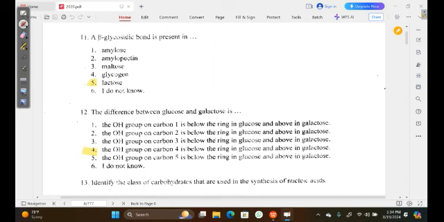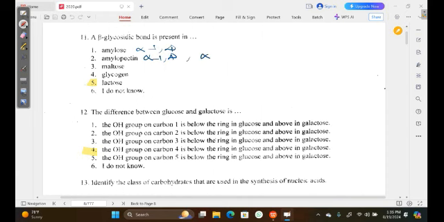Amylose contains alpha 1,4 glycosidic bonds, and amylopectin, in addition to the alpha 1,4, has alpha 1,6 on the branched units.